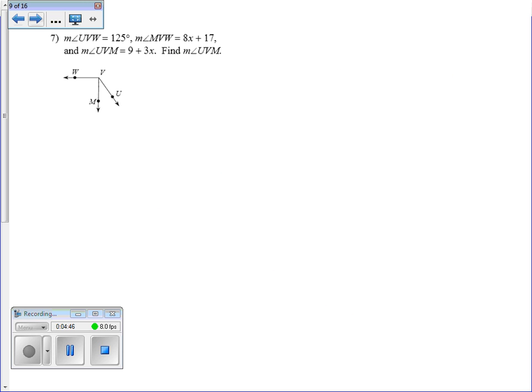M on the interior of WVU. So my angle addition postulate applies to this in this way. Measure of angle WVM plus the measure of angle UVM equals the measure of angle WVU.